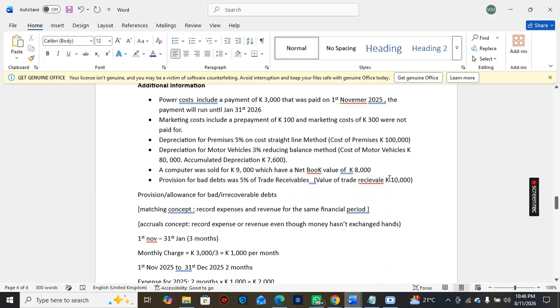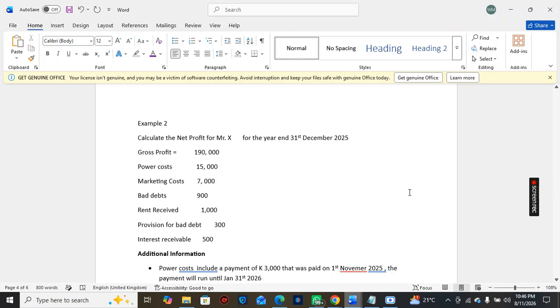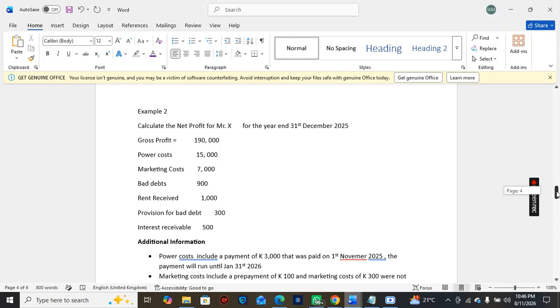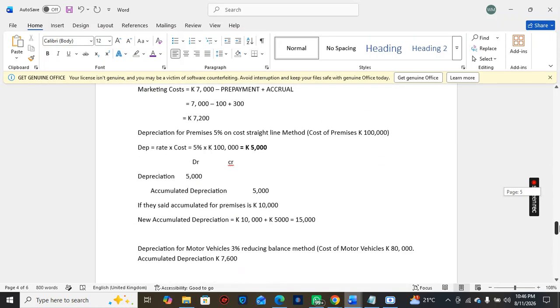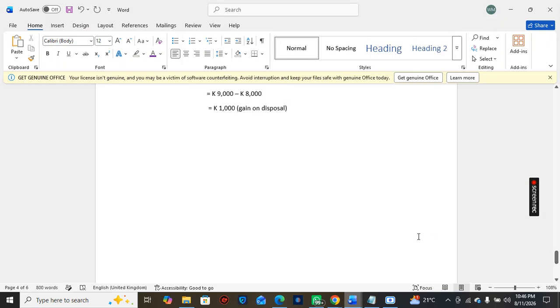Yes. So now another important point. If you already see there is an existing provision, have you seen a provision for doubtful debts, 300? Then this is what you need to do. Since there's already an existing amount here, the first thing you do is calculate the provision.